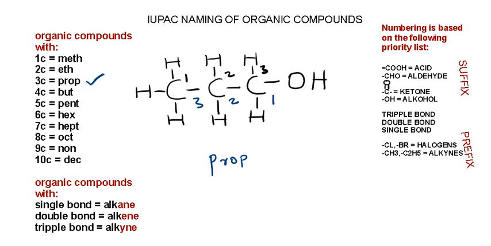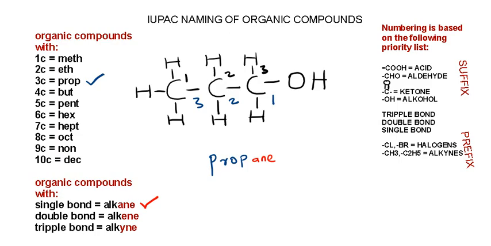Now let's check for the bond. The bond in this organic compound is a single bond, which belongs to organic compound called alkane. We take ANE from alkane and join it to prop. It becomes propan.